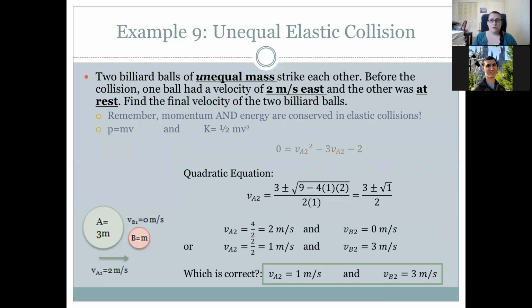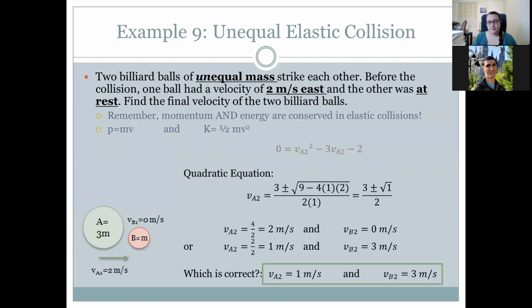So labeling your objects with A, B, C, etc., however many you have, and keeping track of everything as clearly as you can is really, really important in momentum examples like these.